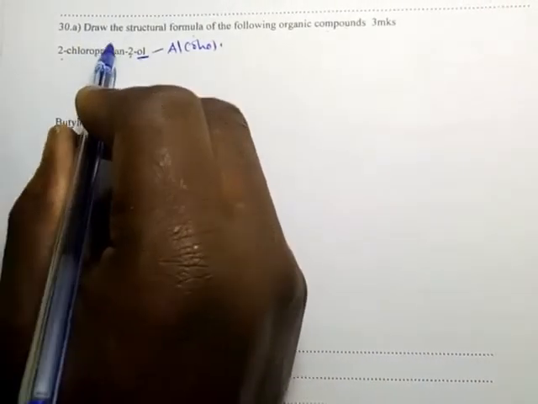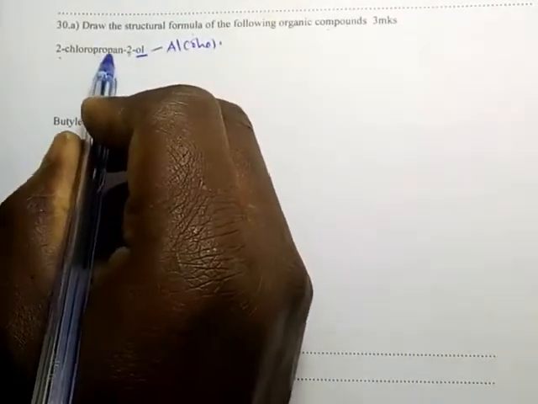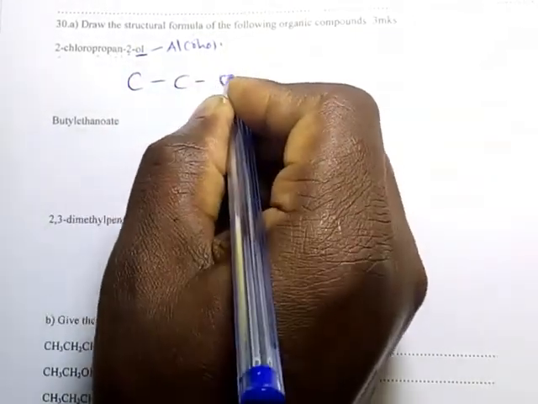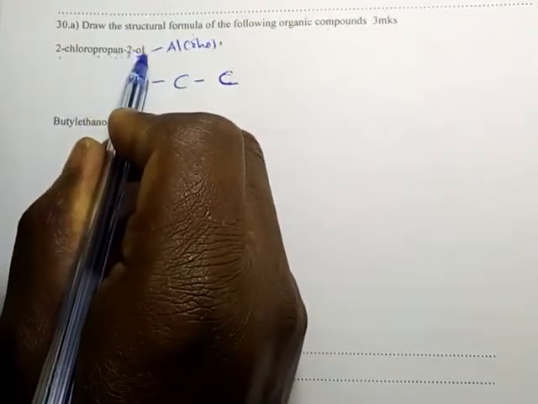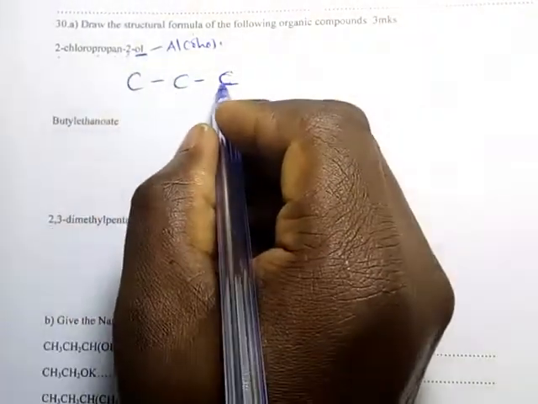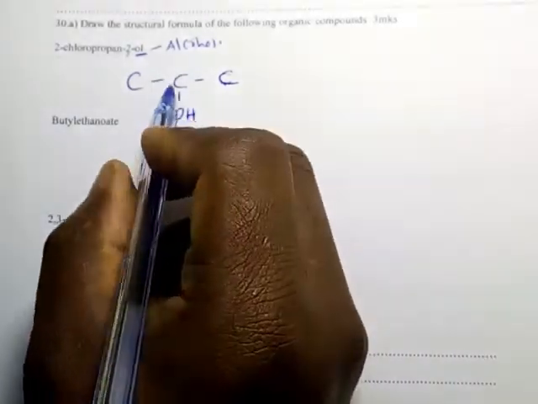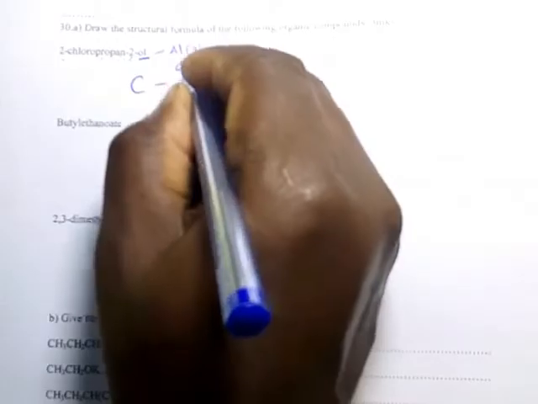Now we start there because we are drawing the structure. We start from the name propan, which gives us 3 carbon atoms: 1, 2, 3. And then the 2 will tell us that the OH is in carbon number 2. So 1, 2, OH. Also in carbon number 2 we have chloro, so we have Cl.